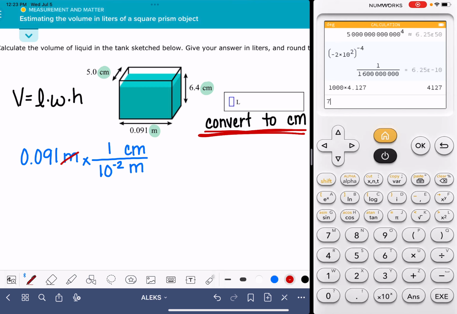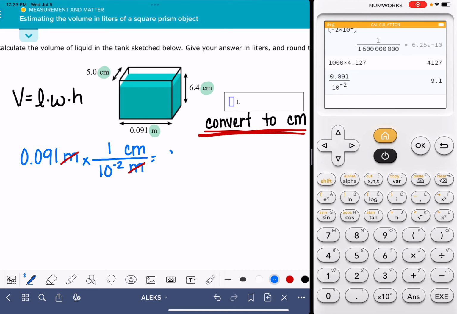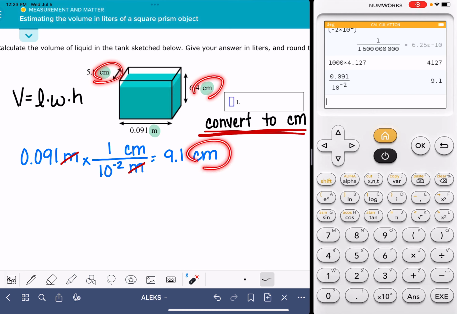And the meter unit is going to cancel. We can use our calculator to do this if we're not confident. 0.091 divided by 10 to the negative 2. Let's see what we get. We get 9.1 centimeters.